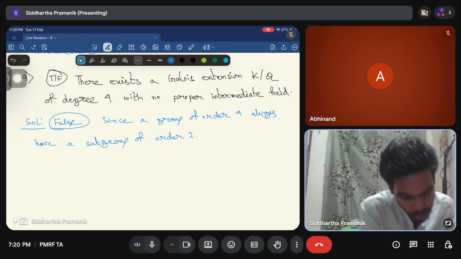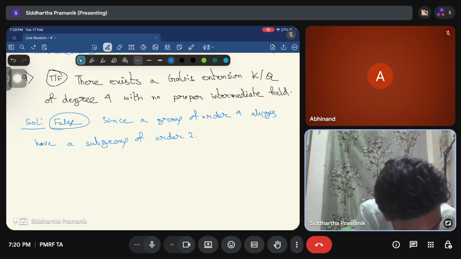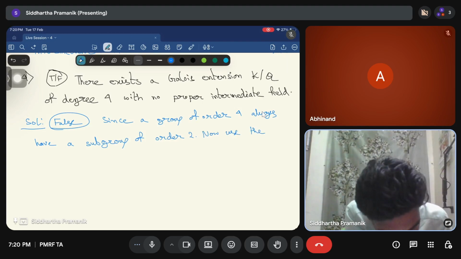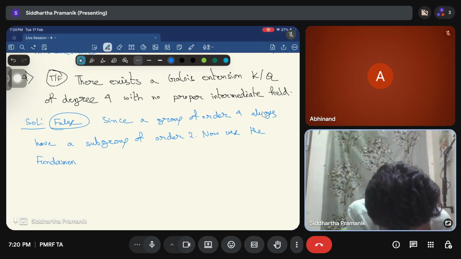So then just use the fundamental theorem of Galois theory.